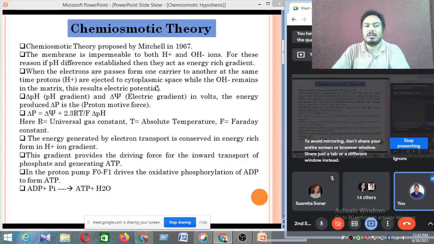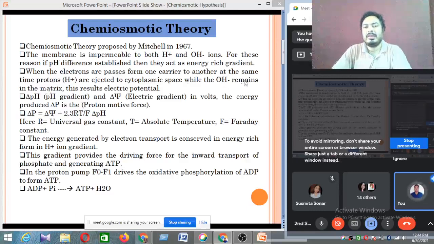Then you can see the next point: when the electrons are passed from one carrier to another carrier, at the same time protons, H plus, are ejected to the cytoplasmic space, or you can say the perimembranous space. In the perimembranous space all the H plus molecules are liberated, and the OH negative molecules remain in the matrix.